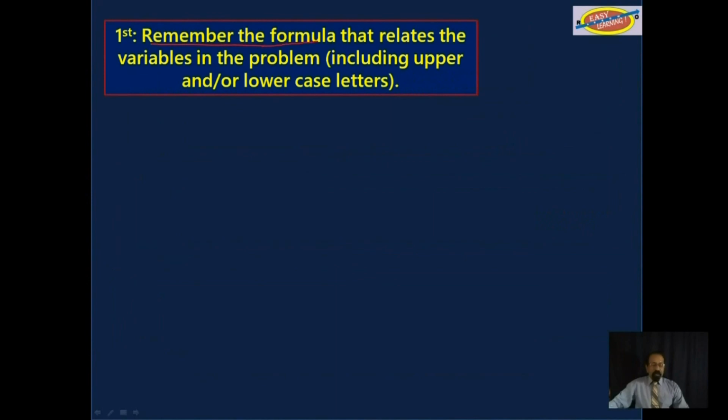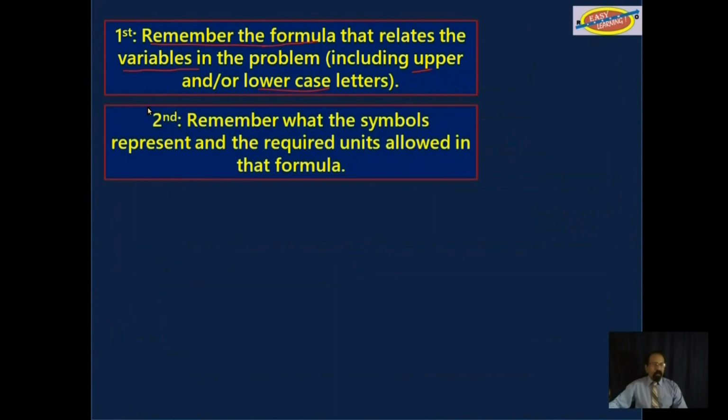You will not be given a table or a sheet with physics formulae for this exam, unlike math. You have to know the formulae, which represent the variables, including upper and lowercase letters. Secondly, you need to remember what the symbols represent and the required units allowed in that formula.